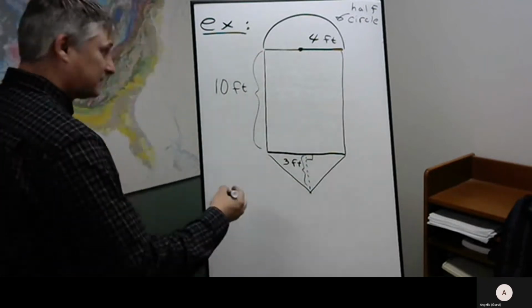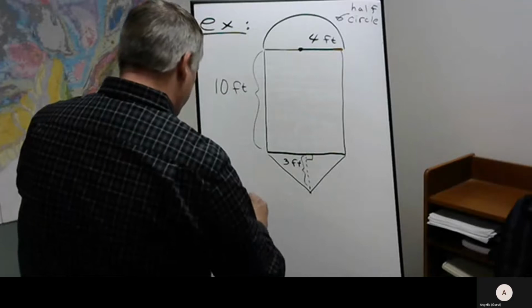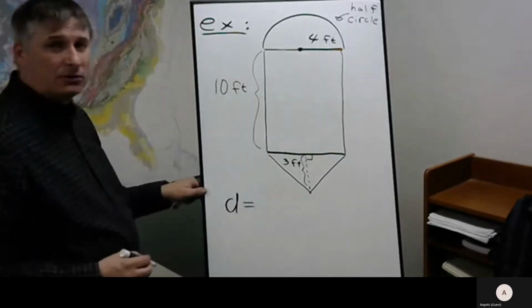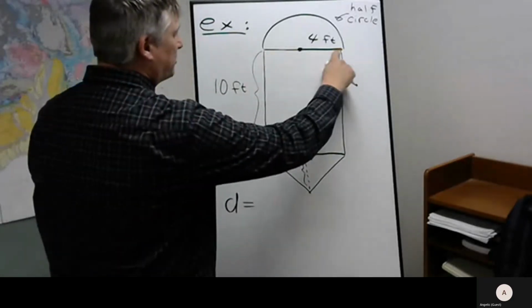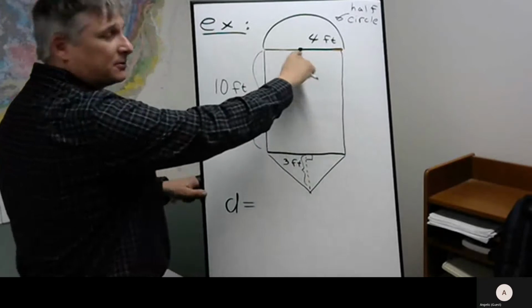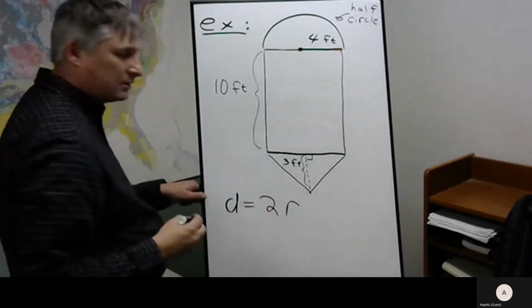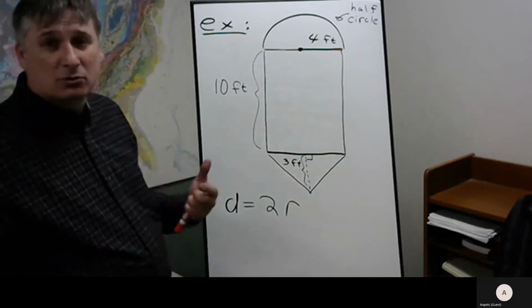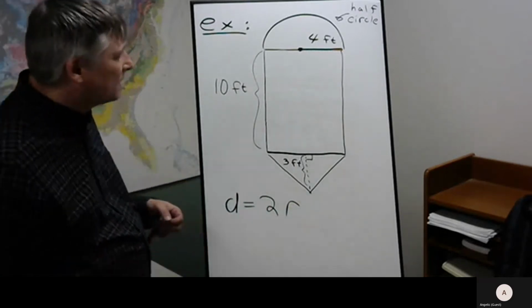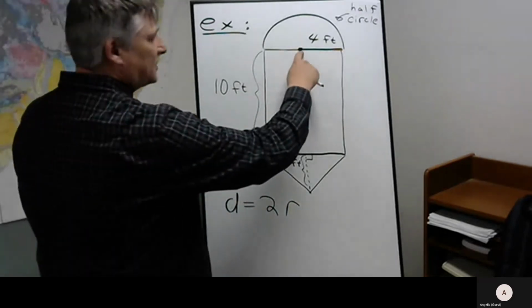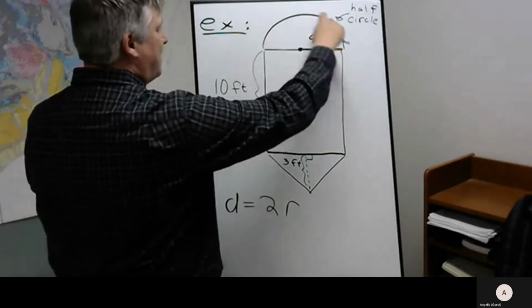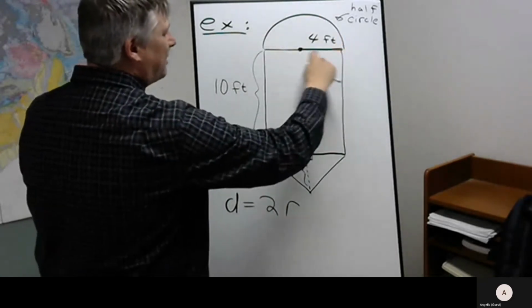Remember that the diameter of a circle, that's the distance all the way across, passing through the center, is 2 times the radius. Diameter is twice as big as the radius. So this is the center of our circle, and this is a half circle, the upper half.